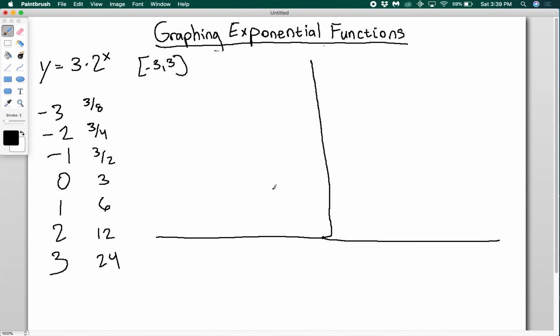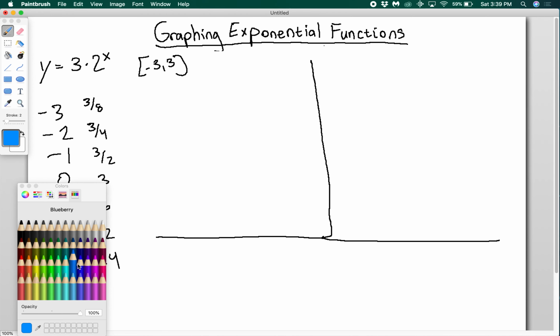So if I have y's, let's do 2 different colors. Let's do blue. So let's say this will be, I'll graph first, y equals 2 to the x, right? So 1, 2, 3. Okay. So I know that 3 is supposed to be 16. So let's say this is 3 is 8. Let's say this is 8, and then we have half as high as 4, and then 2, and then 1, and then like 1, 2, 3.